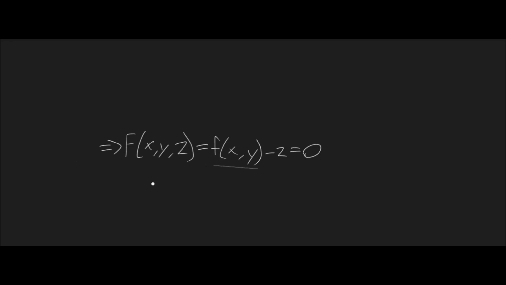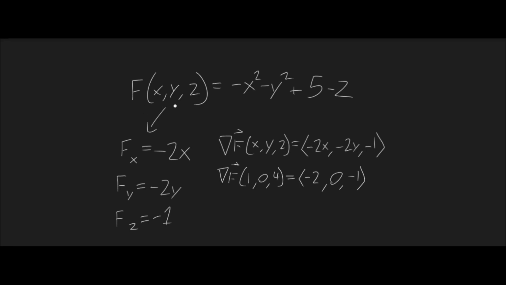And this is a level surface where it's going to be f of x comma y minus z. And we're going to use this to find the normal vector. So our function capital F will be negative x squared minus y squared plus 5 minus z. And this is going to be our level surface, which we take the gradient of to find the normal.